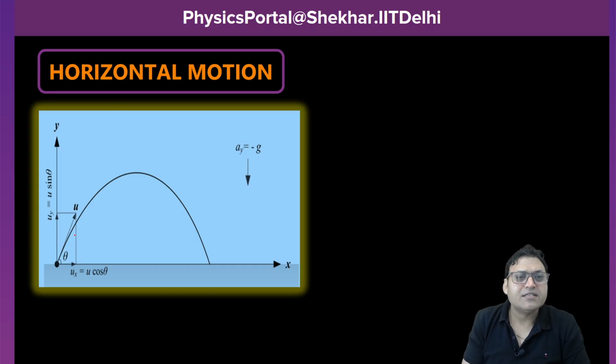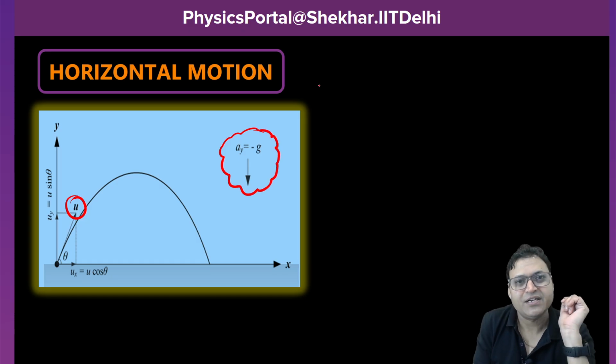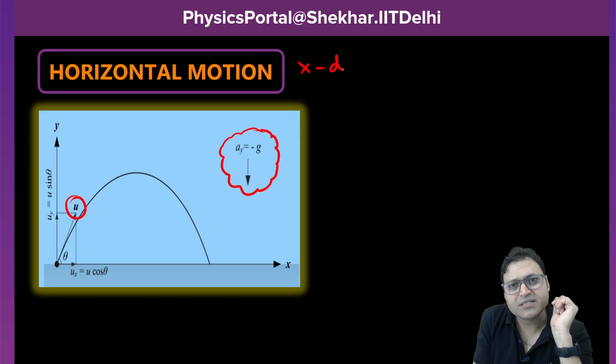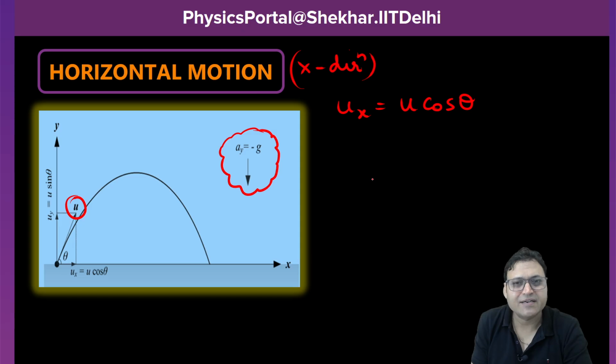So if the initial velocity of the particle is, let us say, u, making an angle theta with the horizontal, and it is entirely under the effect of Earth's gravity. Horizontal motion means the component of this motion along the x direction. So initial velocity in x direction will be equal to u cos theta, right?